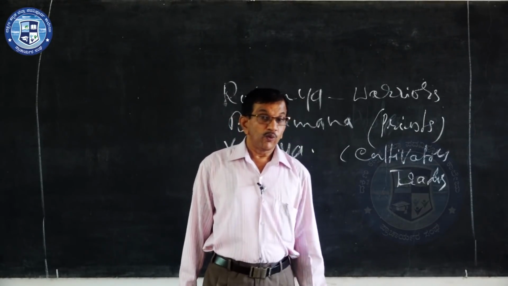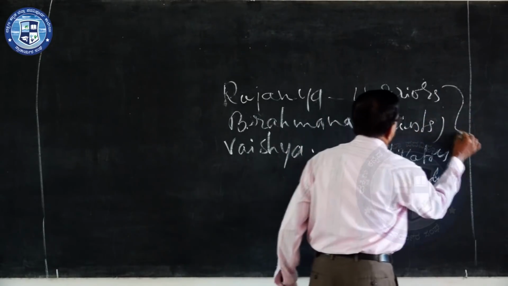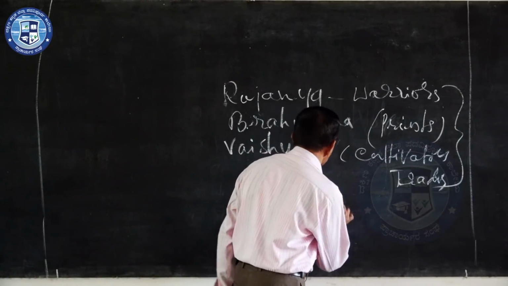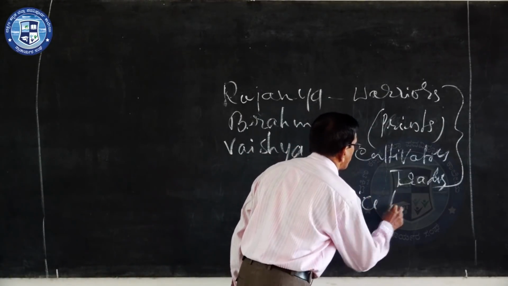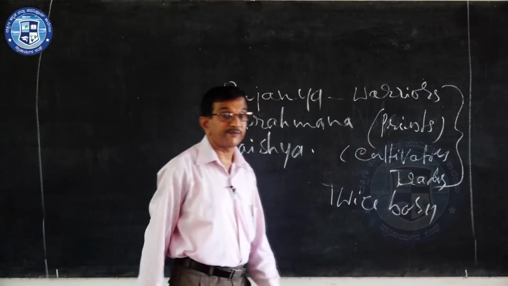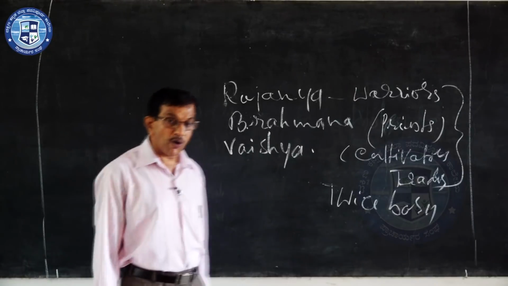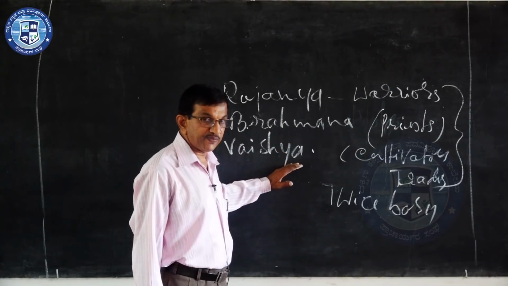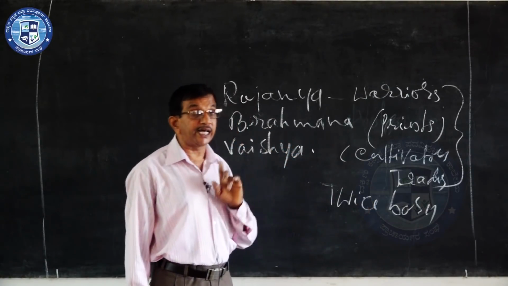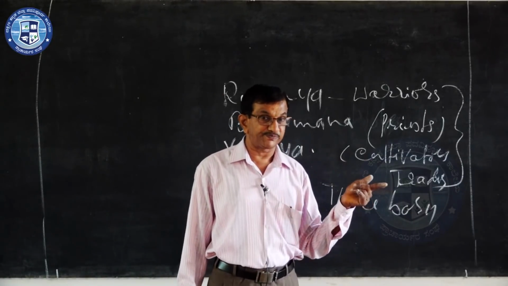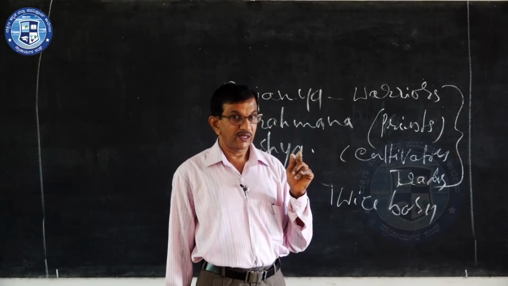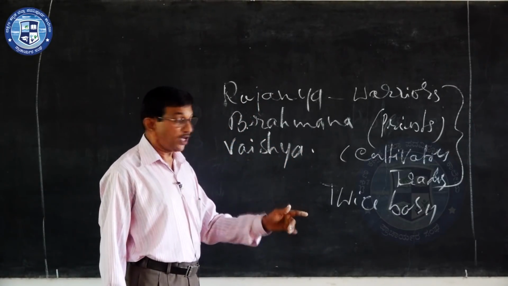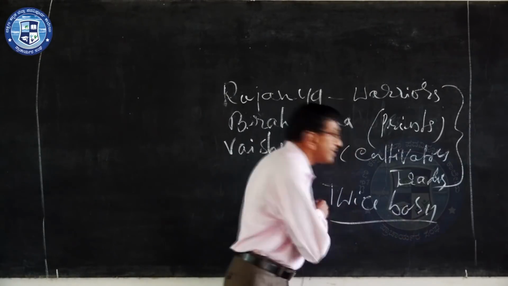But these three groups, called Rajanya, Brahmana, Vaishya, were called twice born. What is called twice born? See, twice born means these people, Rajanya, Brahmana, Vaishya, are made to undergo the ceremony of Upanayana or initiation. So, the people who undergo the ceremony of initiation or Upanayana were called twice born.